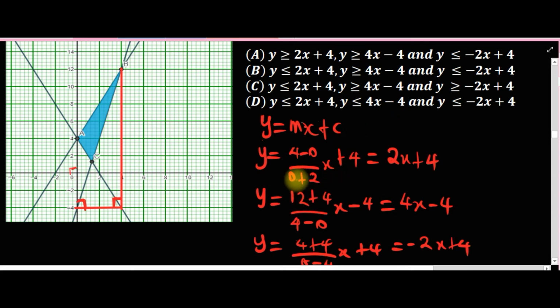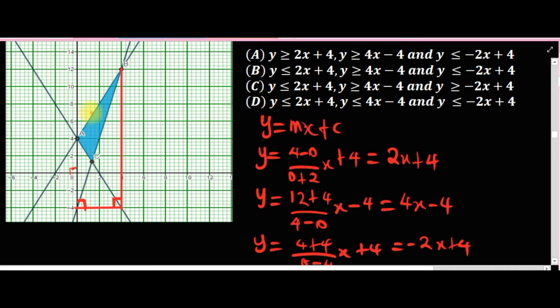Though I just taught you how to solve this, the fastest way is to notice that the options have the same equations, so we don't need to waste our time getting the equations because the lines are the same.